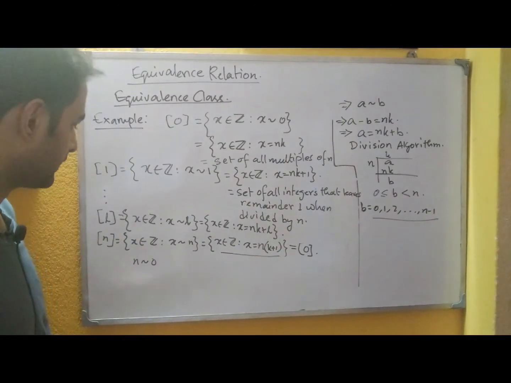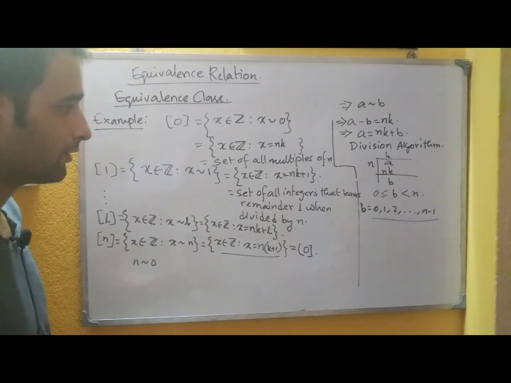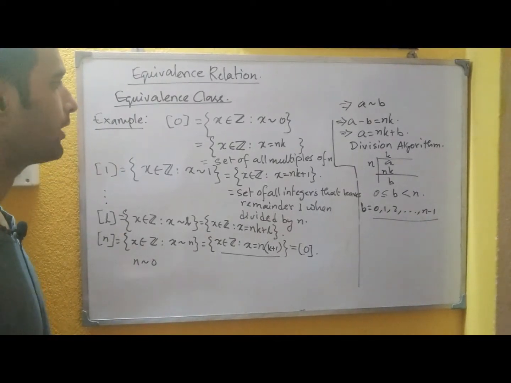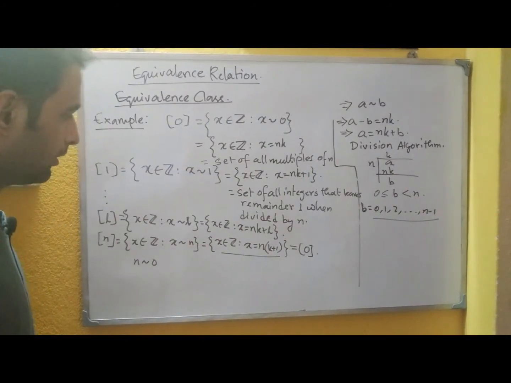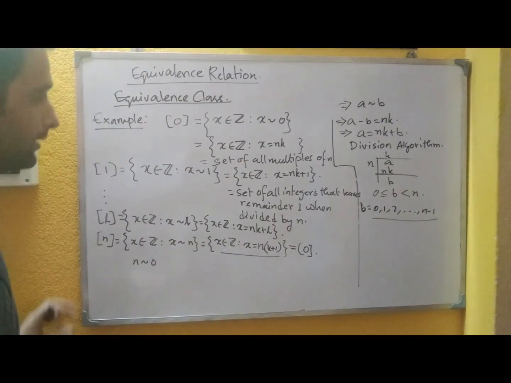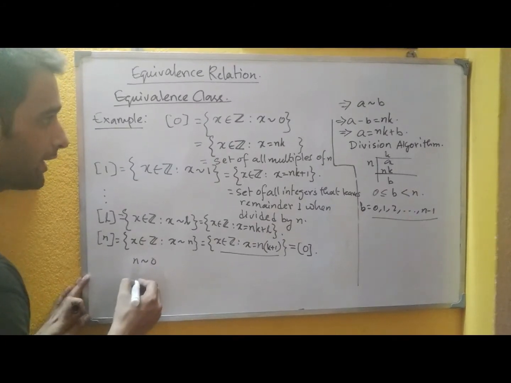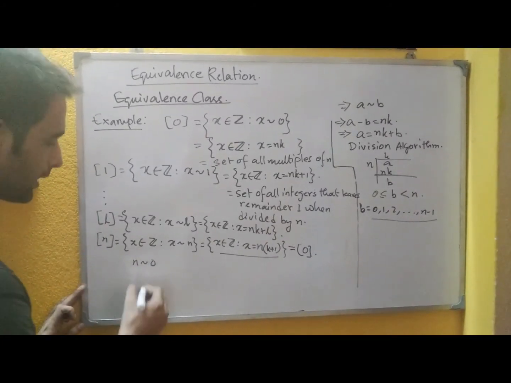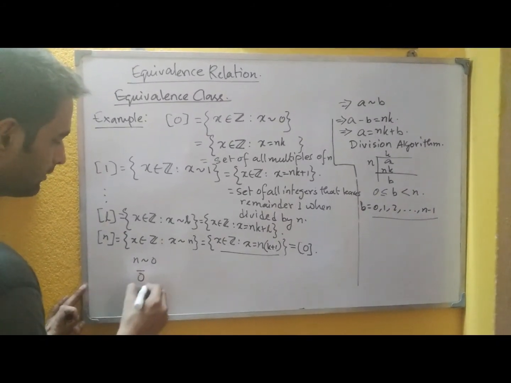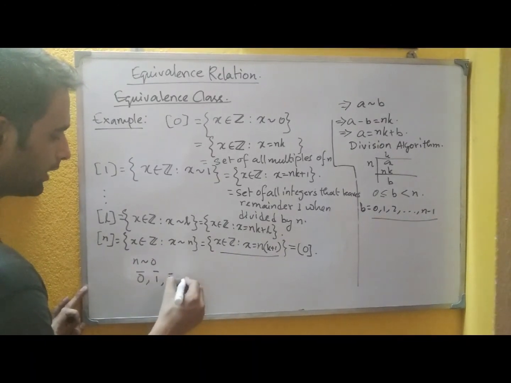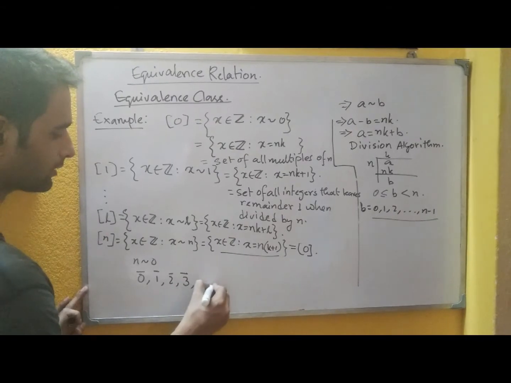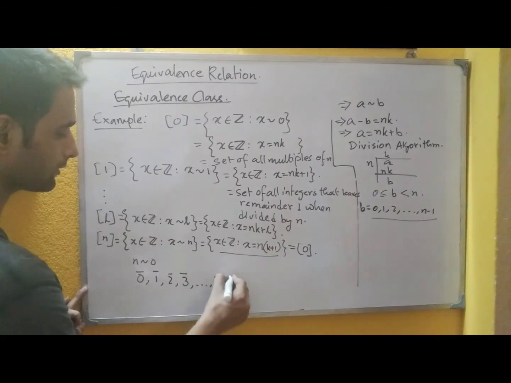Because whenever it is getting the remainder as n, it will again be in the class of 0. So let us write the partition or the collection of all the classes here. The classes are like this: 0 class, 1 class, 2 class, 3 class, up to n minus 1 class.